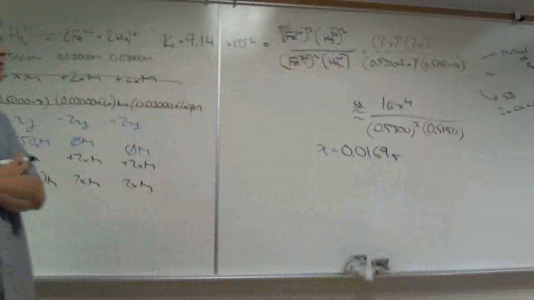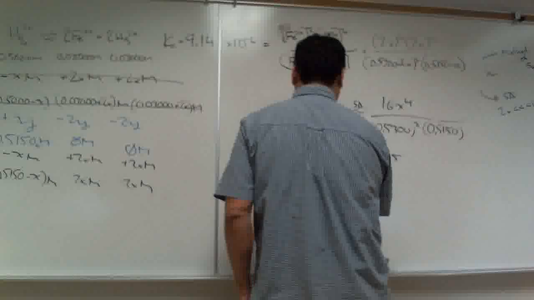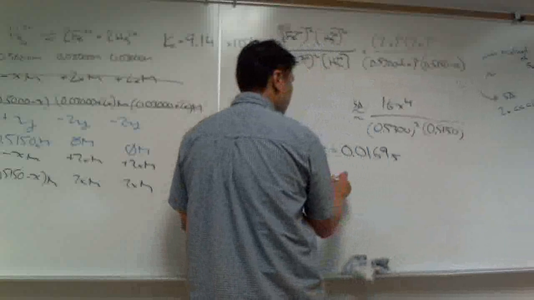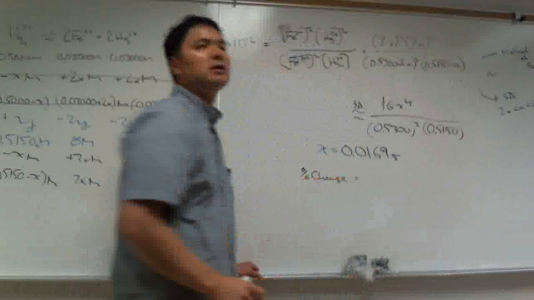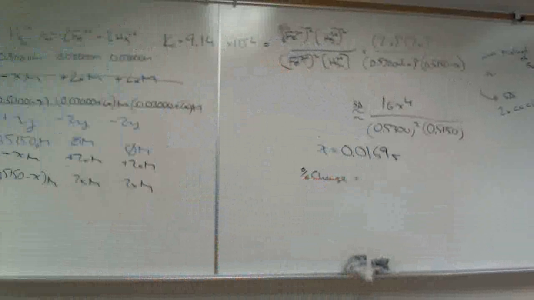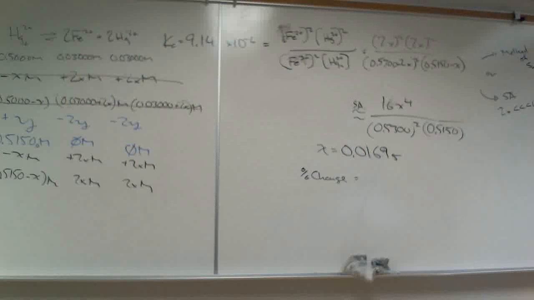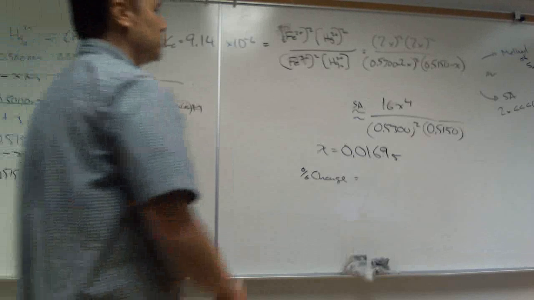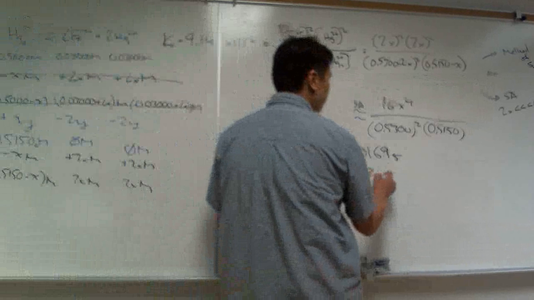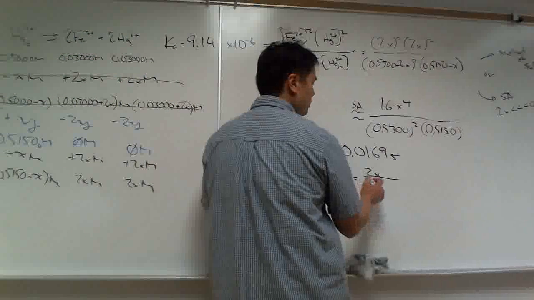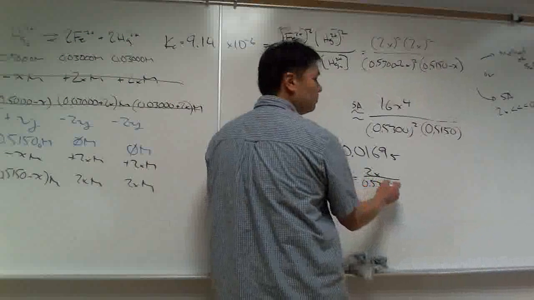And now I have to determine the percent change to justify it. And so I want the bigger percent change, because if the bigger percent change is still smaller than 5%, then the smaller percent change will definitely be smaller than 5%. And so which one is the bigger percent change? The bigger percent change is going to be 2x over 5,300.